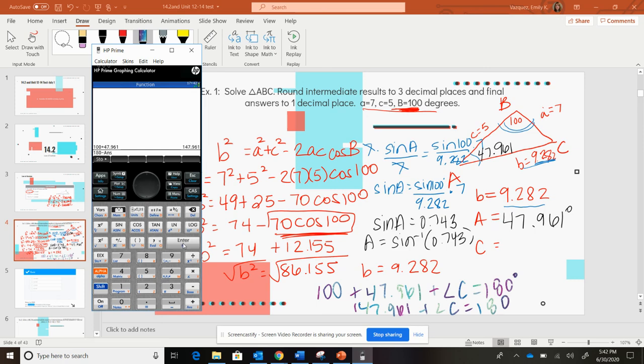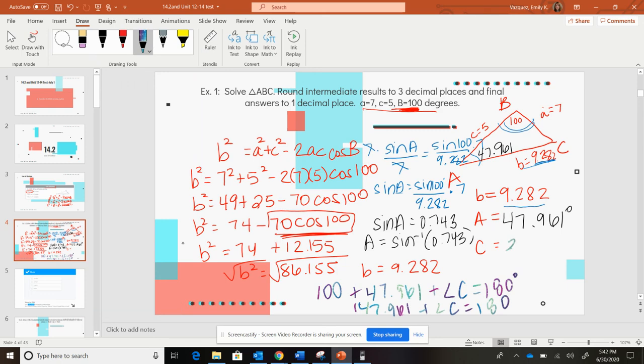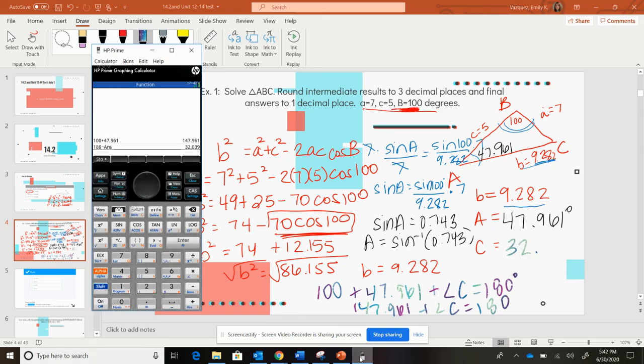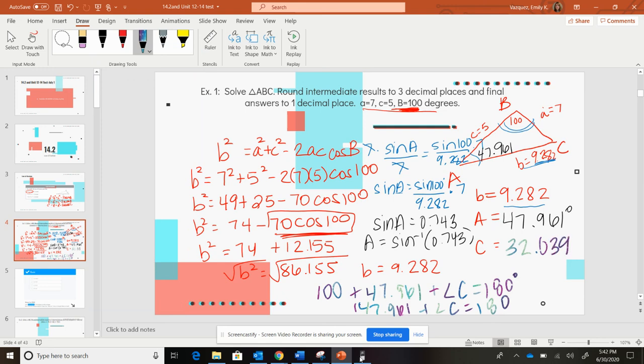The ANS means it takes your last answer that you had. So angle C is going to equal 32.039 degrees. And this is my solution for everything.